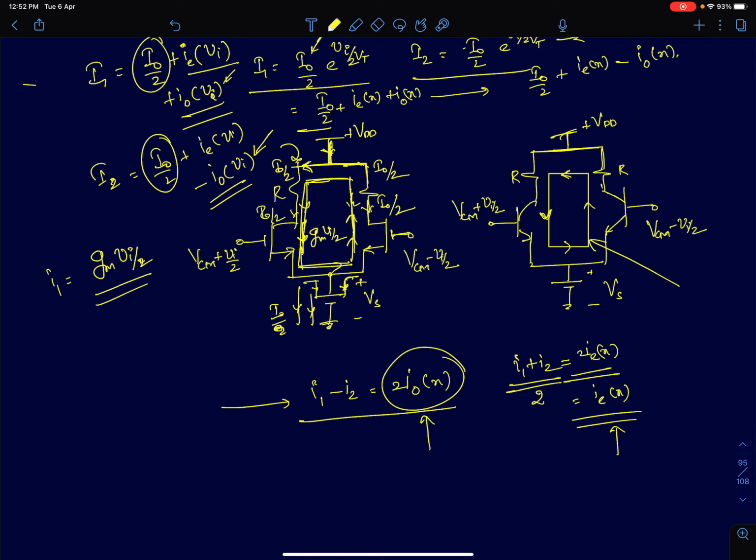Just to summarize, if you take the outputs differentially in a differential voltage biased differential pair, it will only contain odd harmonics. There will be no even harmonics. And we said that's the defining characteristic of a differential amplifier: in any differential amplifier, if you look at the differential current or the differential voltage, it will have no even harmonic components of the input.